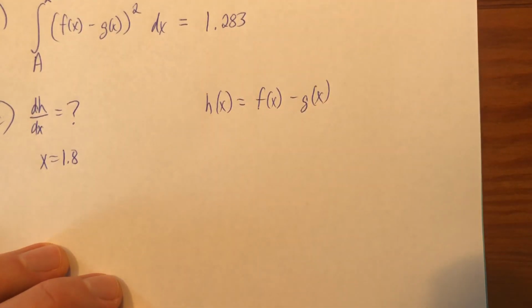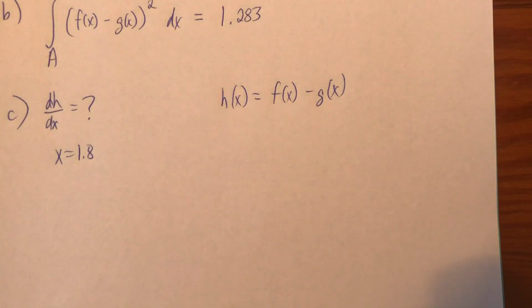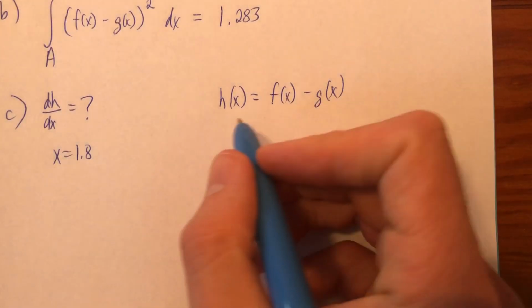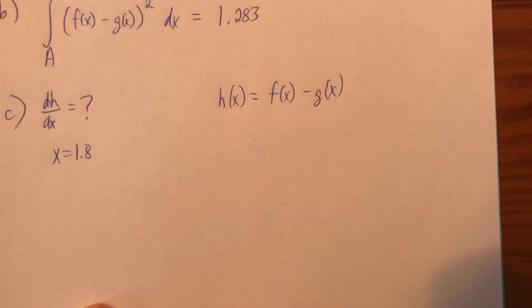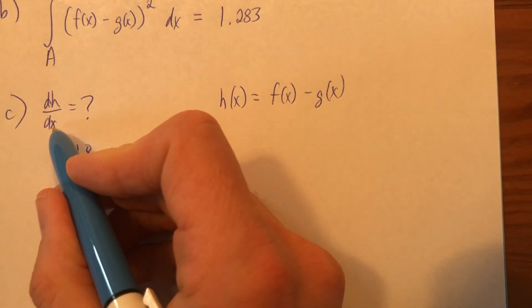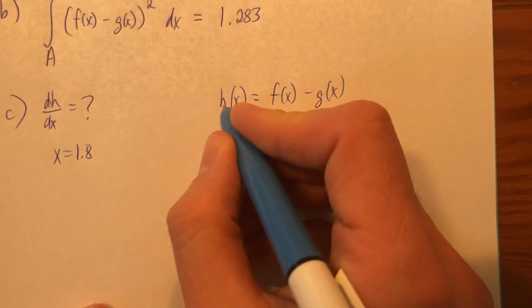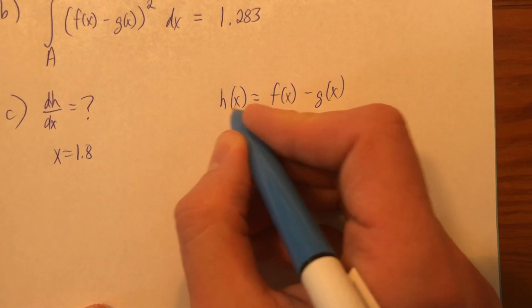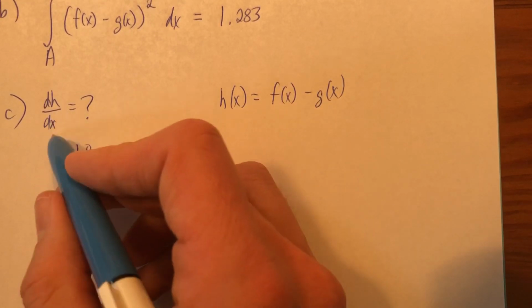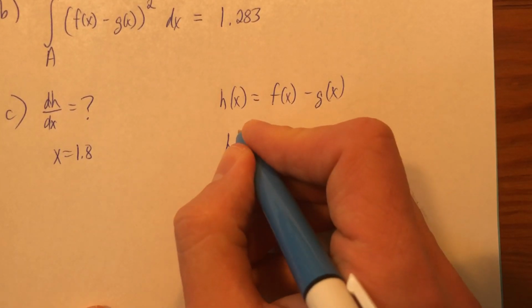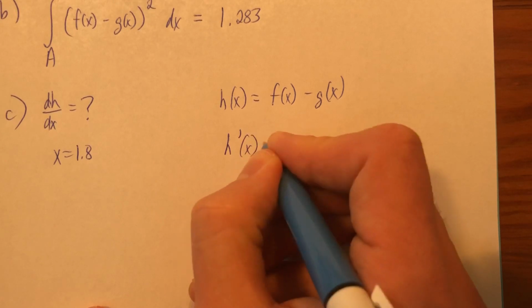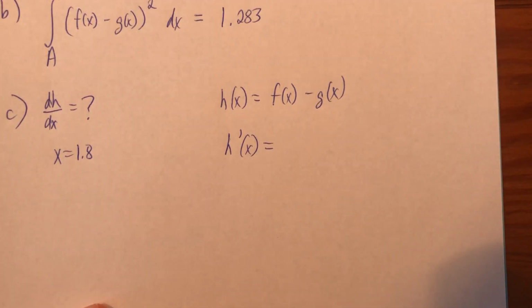Okay, so let's take the derivative, and you might get all crazy with it and think I've got to take the derivative of this with respect to that. But we're taking the derivative with respect to x. So the derivative of h of x with respect to x, you could call it dh/dx if you want to, I'm going to call it h prime. Don't make it harder than it is.